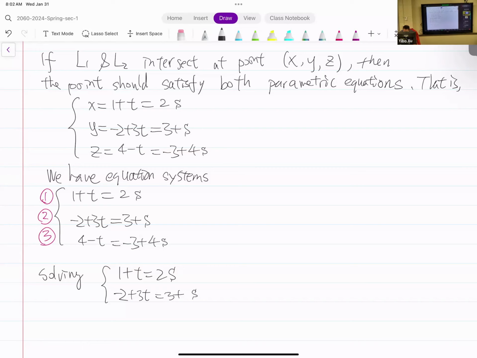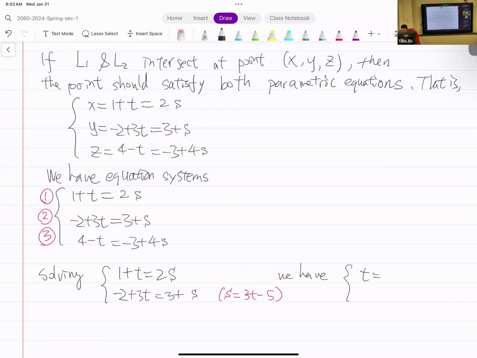Let's say you want to substitute using the second equation, because on the right-hand side you have s plus 3. You can subtract 3 from both sides, so s is 3t minus 5. Then you can substitute in the first equation, which is purely in terms of t, so in the end you will be able to solve t from equation 1.